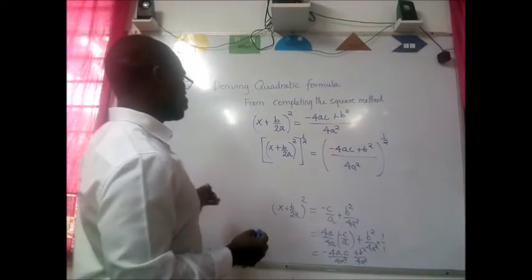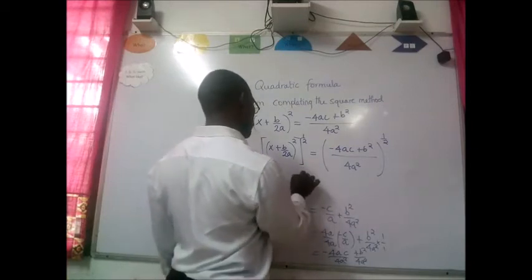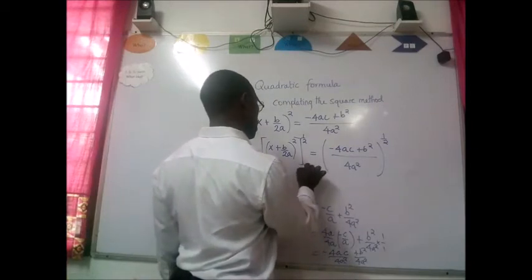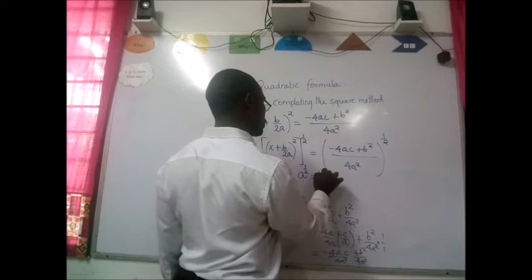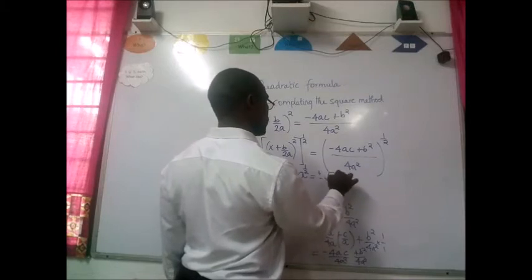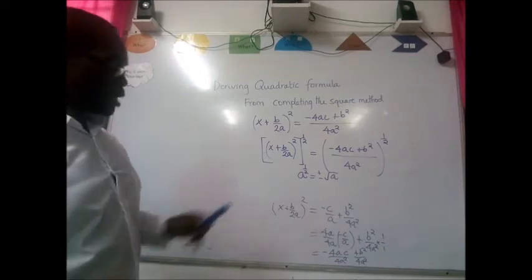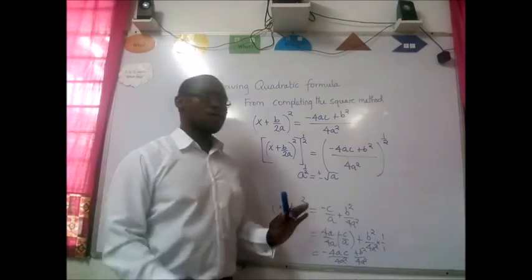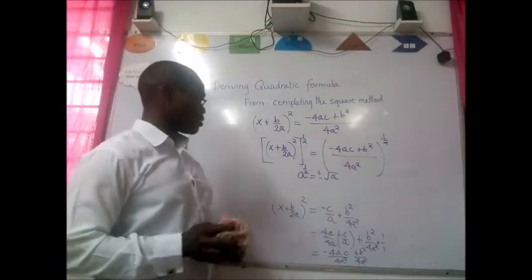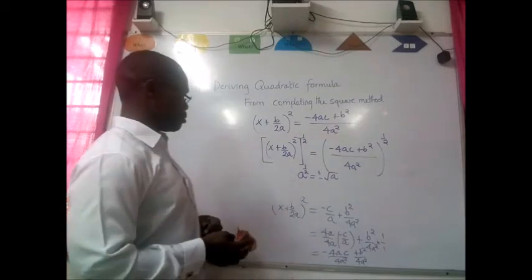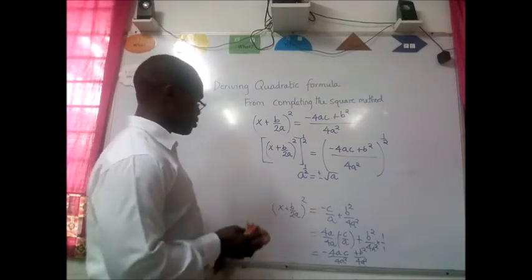And then now we all know that a power half is equal to plus or minus square root a. This is something that should be in your mind when you go through this method.